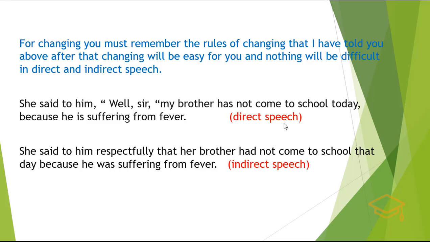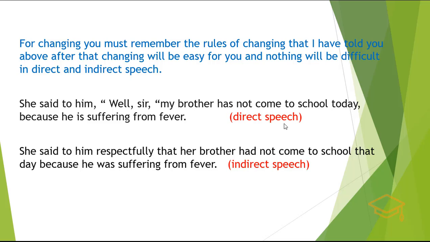So here is another example. She said to him, "Well, sir, my brother has not come to school today because he is suffering from fever." In the indirect speech, we say, she said to him respectfully that her brother had not come to school that day because he was suffering from fever. Did you see? I changed "well" into "respectfully" and inverted commas into "that".